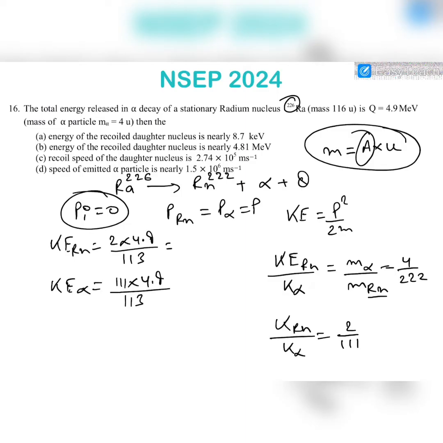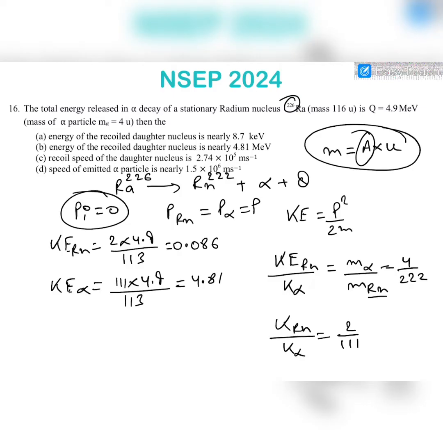So I'll tell you that this value, 2 into 4.9 divided by 113, is 0.086, and this value, 111 into 4.9 divided by 113, is 4.81.